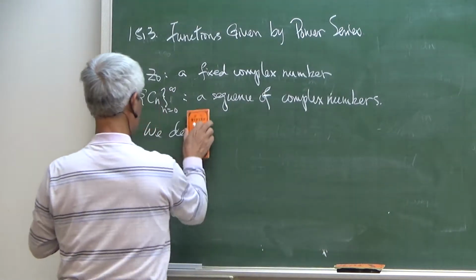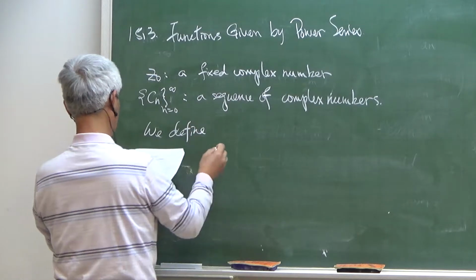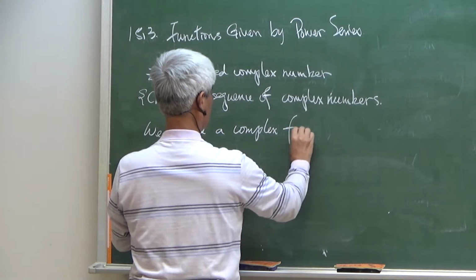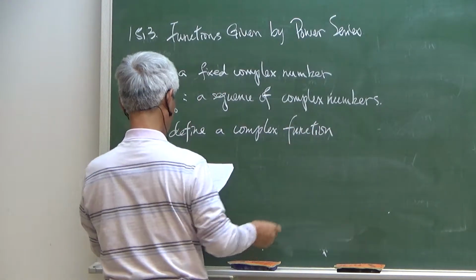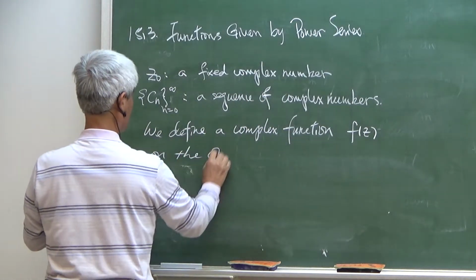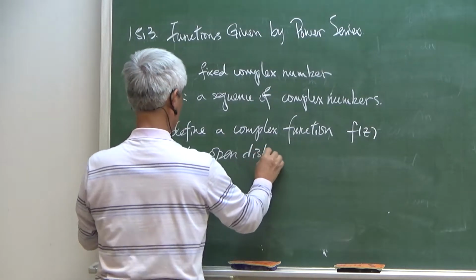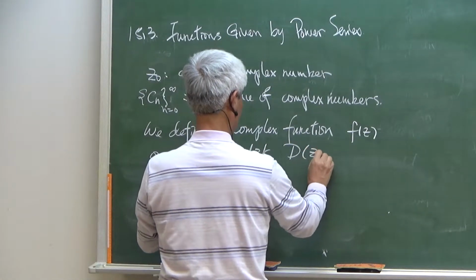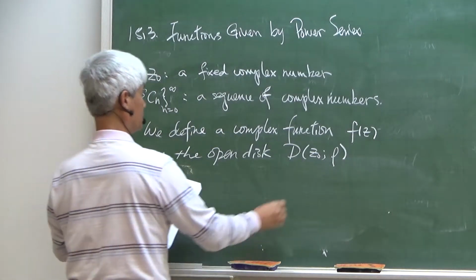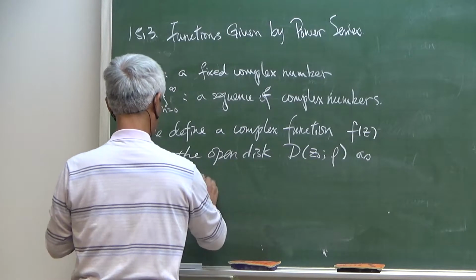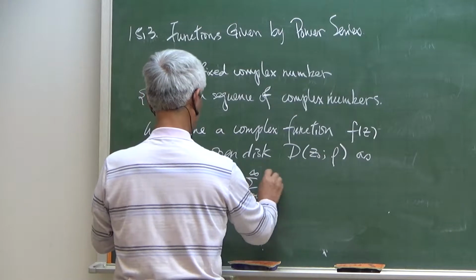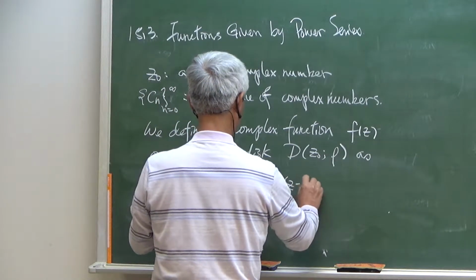a complex function f of z on the open disk B(z0, rho) as f of z defined to be the summation, the sum of the series.